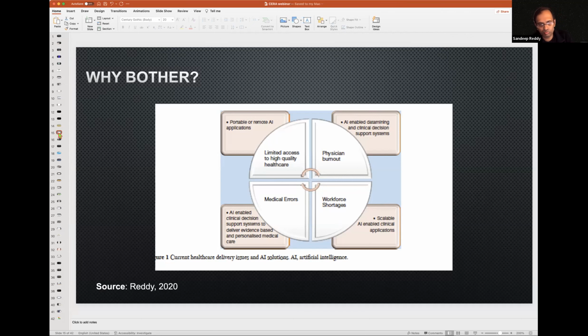The last issue, which I would like to bring up here, is probably not a big issue here in Australia, but it's definitely an issue in the United States and in some other countries, where physicians have to document a lot of stuff on the electronic health record and in other mediums, and that leads to an excess of burden on the physicians, leading to their burnout.